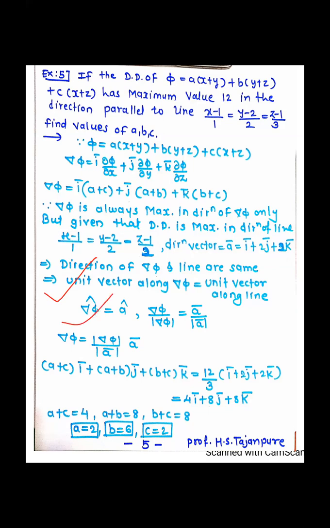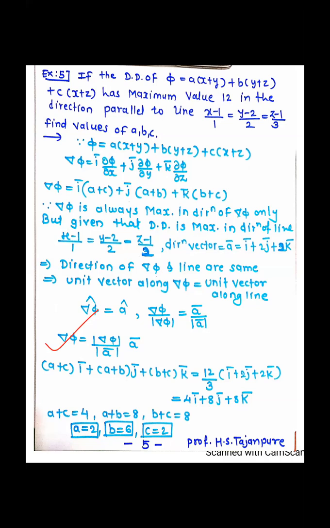Along del phi, that is del phi cap, equals along the line, that is a cap. Del phi upon its magnitude, and on the right hand side a bar upon its magnitude. So del phi, you just shift this magnitude of del phi to the right hand side, so you'll get del phi equals magnitude of del phi upon magnitude of a bar into a bar.